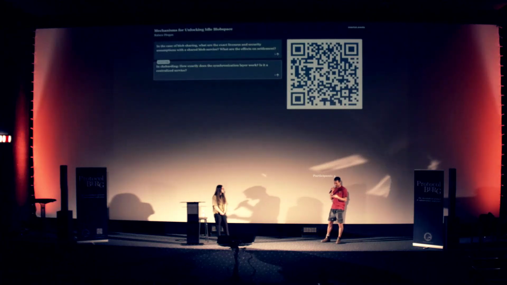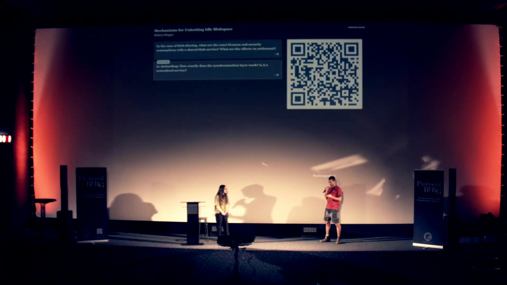Okay. So second question. In the case of blob sharing, what are the exact liveness and security assumptions with a shared blob service? What are the effects on settlement? Right. So, for example, one issue that could be is that the blob sharing service does not actually end up posting the data, so we never get to finalize the new rollup state on Ethereum.